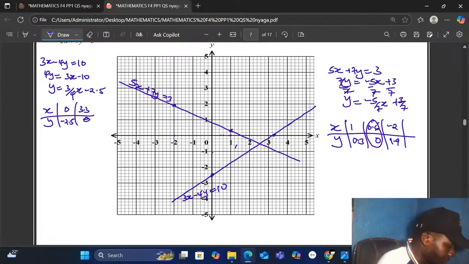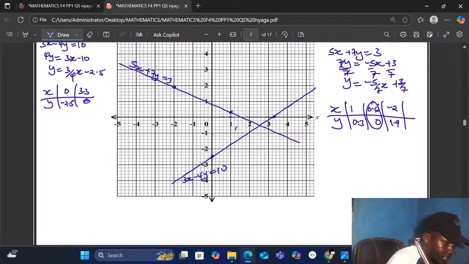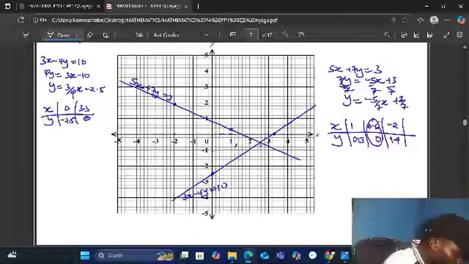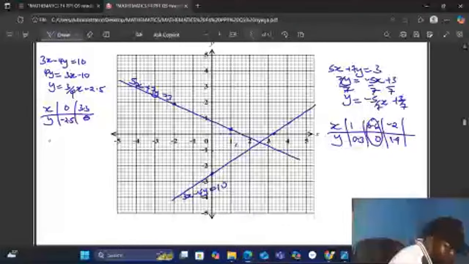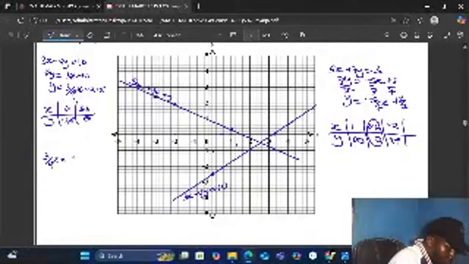For instance, we can use the first equation. We are given that we can use this one, 3 over 4 x, that is giving us now 2.5.